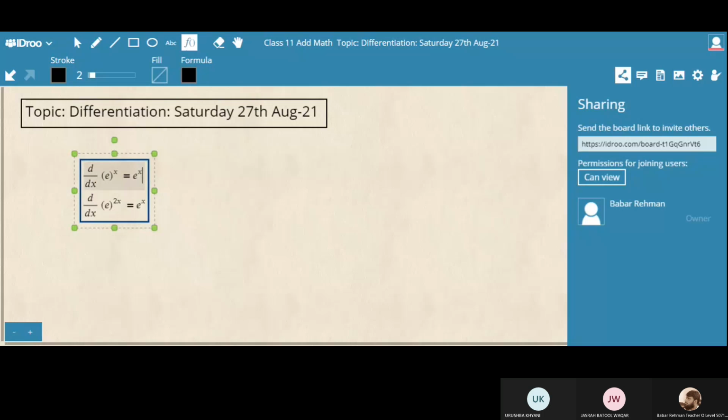What is the derivative of x? Look at the d by dx. The derivative of x is 1.